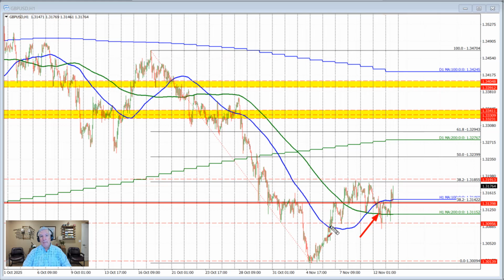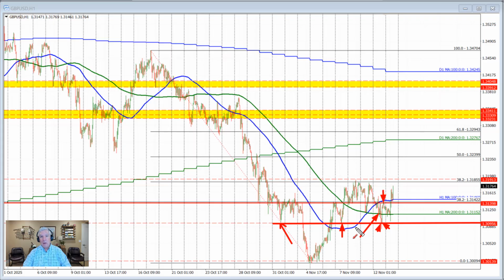But then after coming down and failing to extend momentum below this level at 1.30956, the level corresponded with this low right here, and also this low going back to right here, and the inability to break and stabilize and base against this level right here got the buyers to go ahead and push higher.